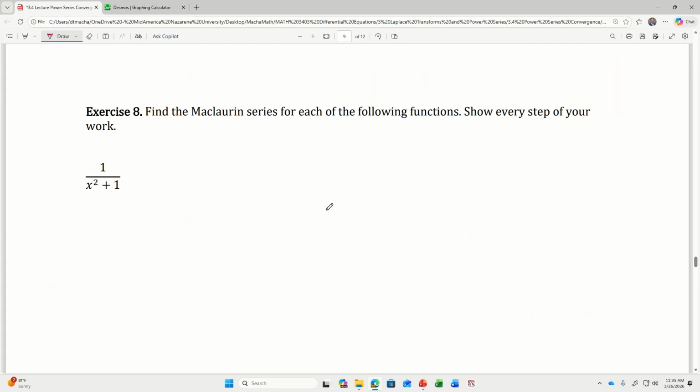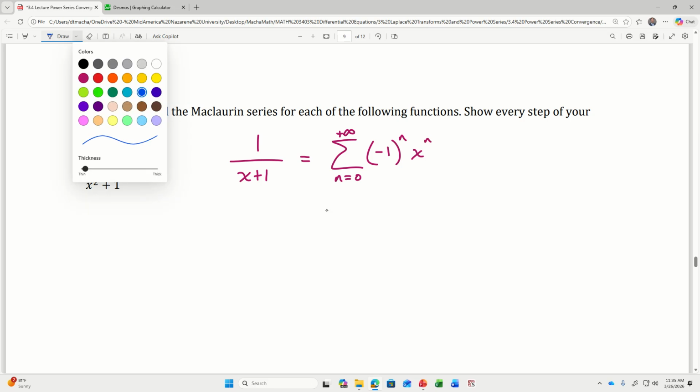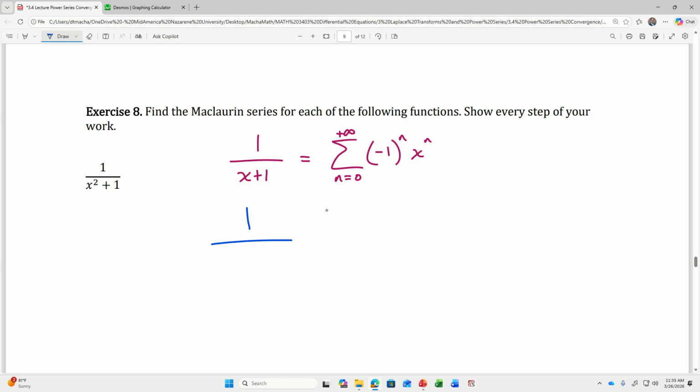Okay, find the Maclaurin series for each of the following functions. I like this example because it illustrates something neat. If I have 1 divided by x plus 1, that's this series right here. We just discovered that together. Now what I need is 1 divided by x squared plus 1.